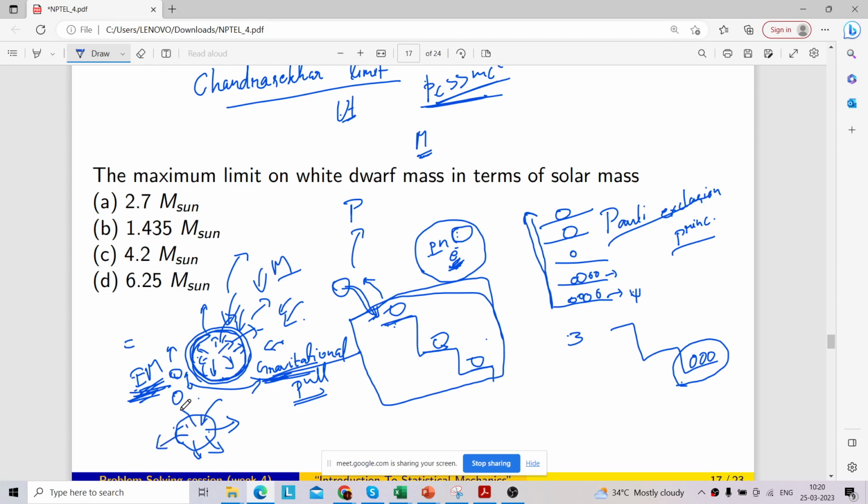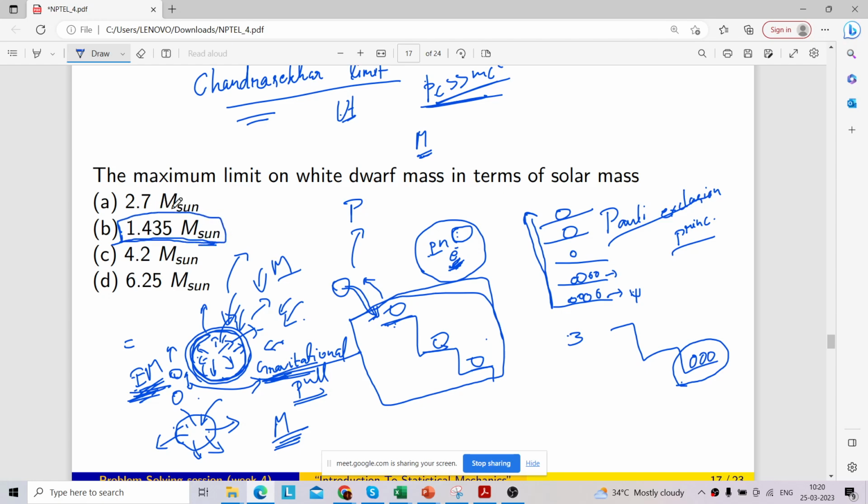So there is a limit on the mass we can add to a star. This limit is known as the Chandrasekhar limit. You can check the derivation from the class. What we calculated in class is 1.435 times the mass of the sun. So we can have a white dwarf up to this limit.